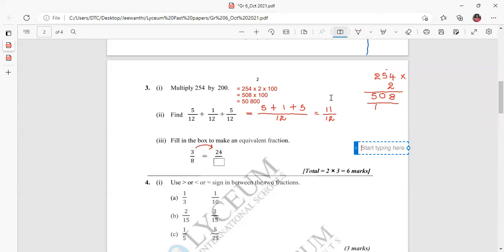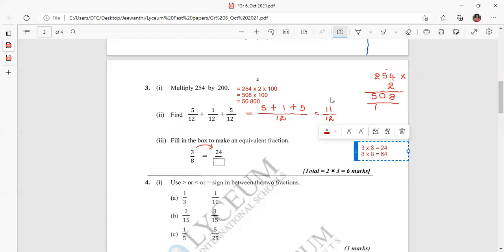How they have converted 3 into 24. 3 multiplied by 8 equals 24. So then I should do the same thing to the denominator also. 8, I should multiply by 8. That is 64. Right? So the initial fraction had a 3 and they have converted it into 24.